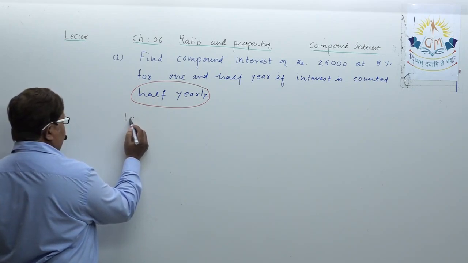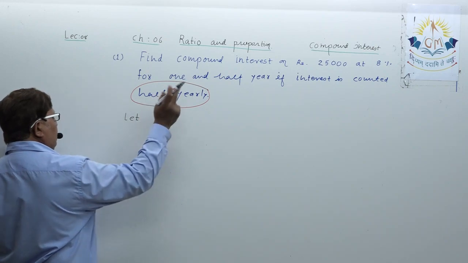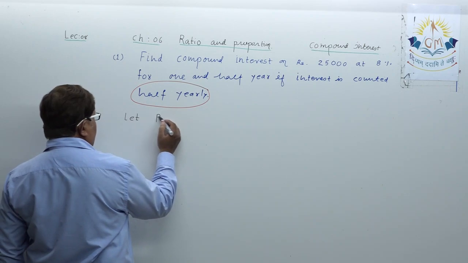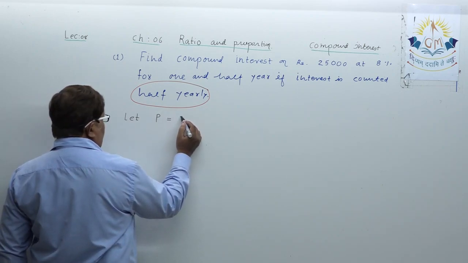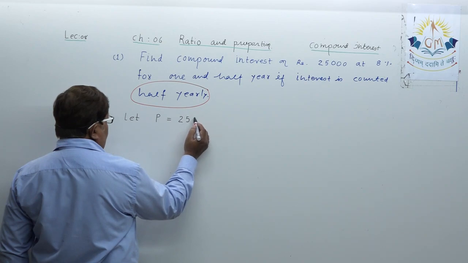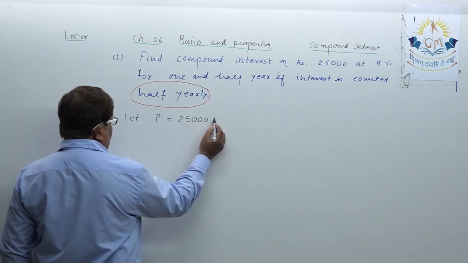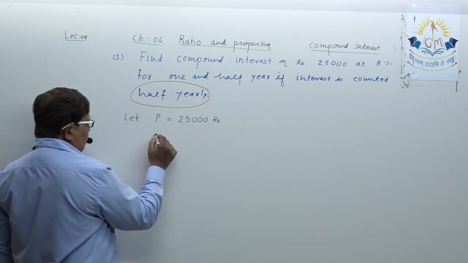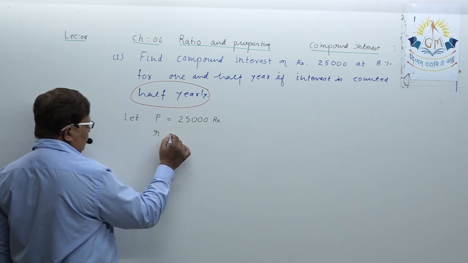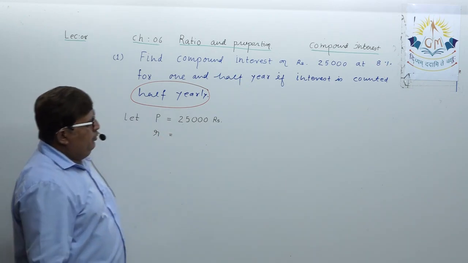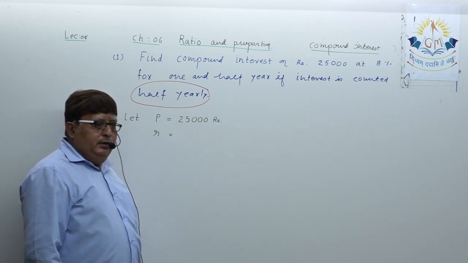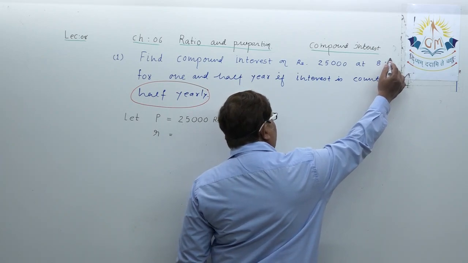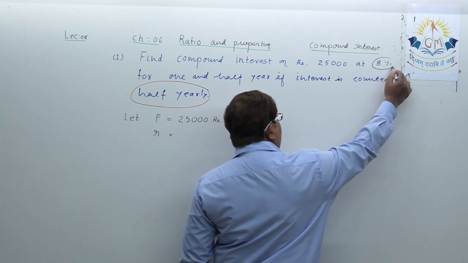Now dear student, let us write this way. What is the principal? Note down 25,000 rupees. Okay. Now dear student, here you need to concentrate. What is the rate of interest? 8%.